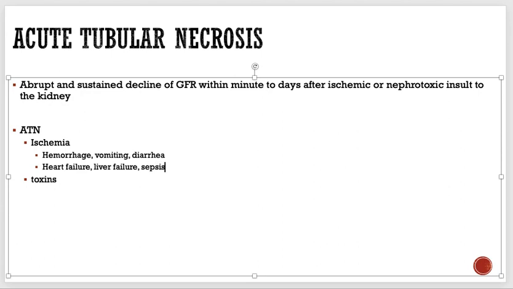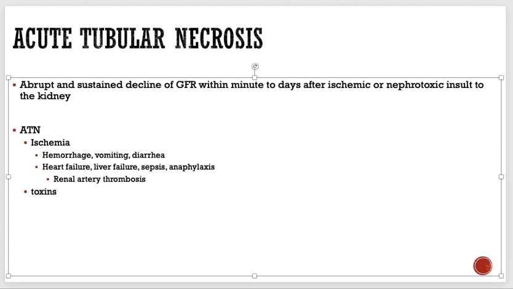Or sepsis, or anaphylaxis. What is going on? There is decreased intravascular volume, okay, or you can say renal artery thrombosis.